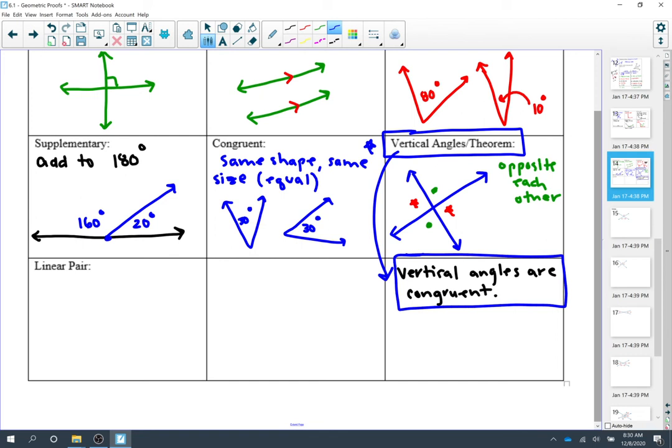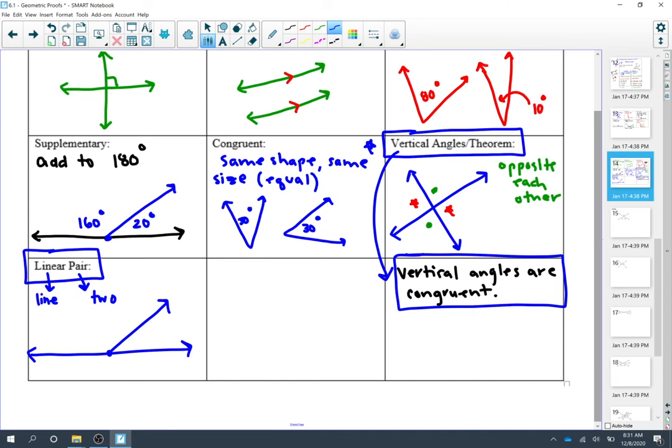Also important, linear pair. Okay, this is the most commonly forgotten one that we can use. Linear pair is literally linear, which means line, pair, which means two. Two angles on a line. Okay, so if you got two angles on a line, kind of looks like this picture up here. Okay, first of all, that's a straight line. What do we know that a straight line is? Well, that's 180 degrees.